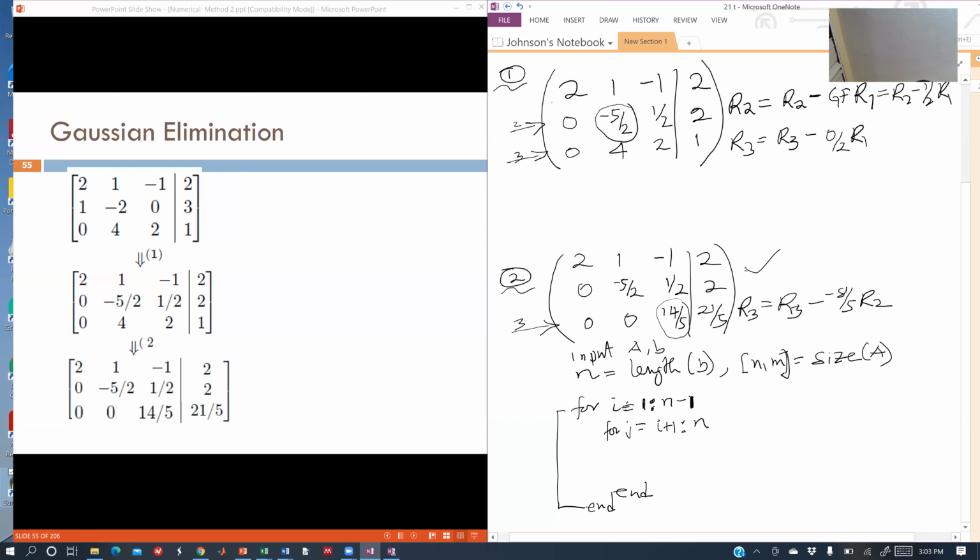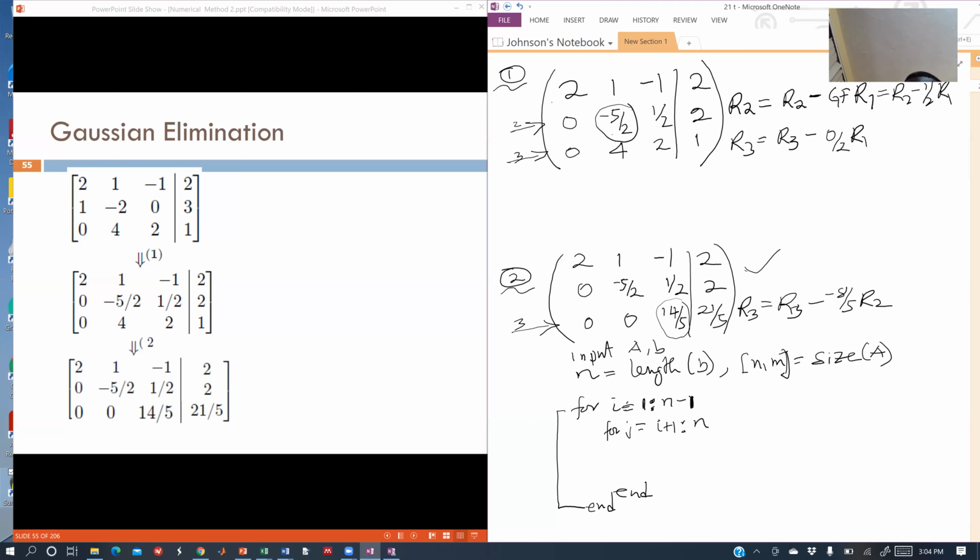Then now you have to decide how you are going to do the elimination. We know the iteration, I'm in iteration 1. I know the row that I'm going to change, and then what is the operation going to be? The operation, I need a certain number called the Gaussian factor to be able to do the operation. So how do I compute my Gaussian factor?